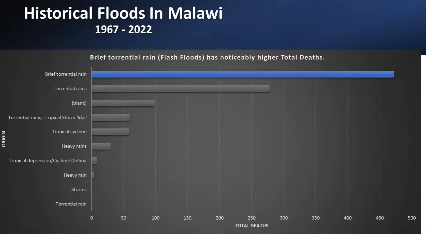Then you have brief torrential rains, torrential rainstorms, tropical cyclones, and heavy rains, but this is the category of rain that resulted in the recorded floods within the area that was studied.